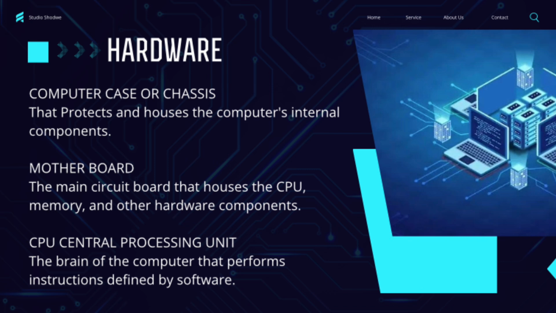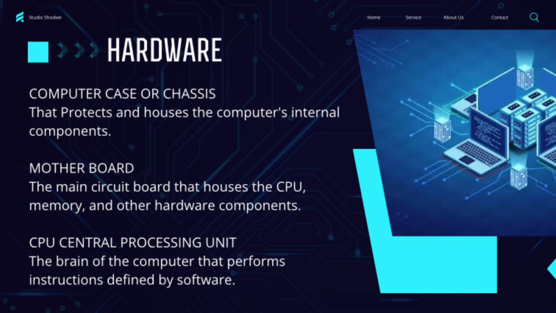First, we have the computer case. The computer case protects and houses the computer's internal components. Next, we have the motherboard, the main circuit board that houses the CPU, memory, and other hardware components.